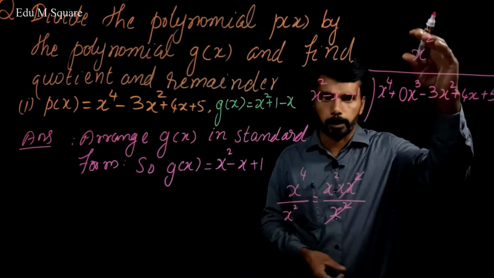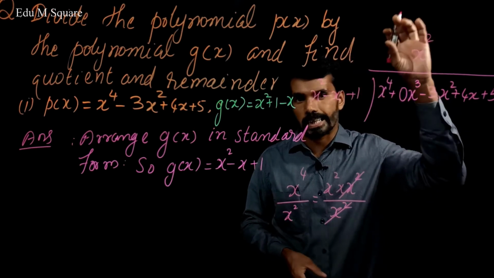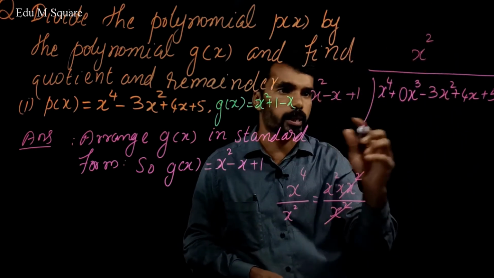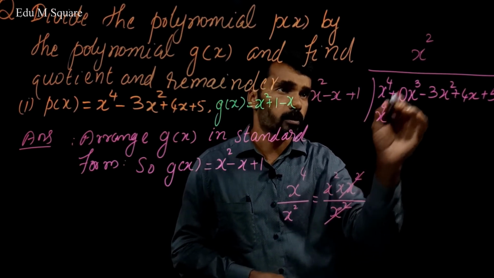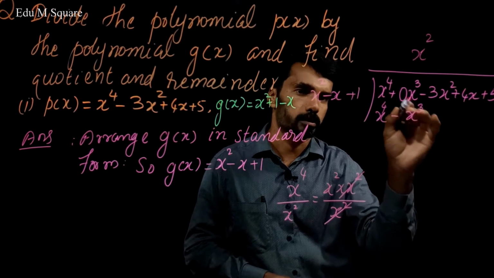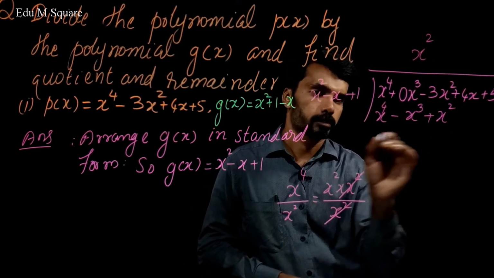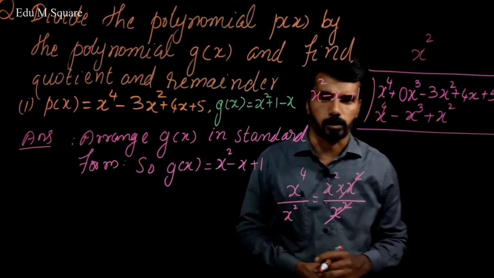Now we multiply each term of the divisor by this x square. So x square into x square, x raised to 4, then x square into minus x cube, then plus 1 into x square, x square. Let us subtract now.